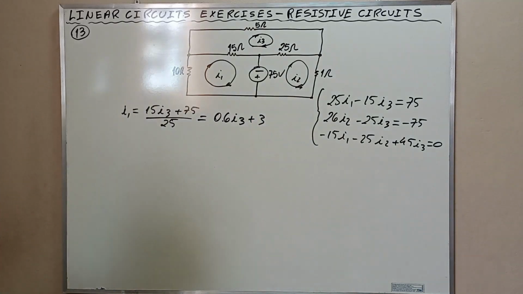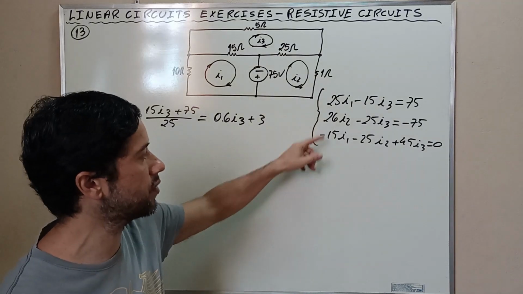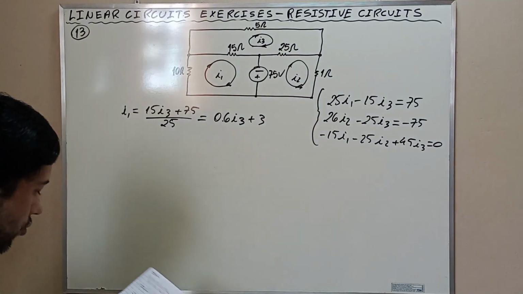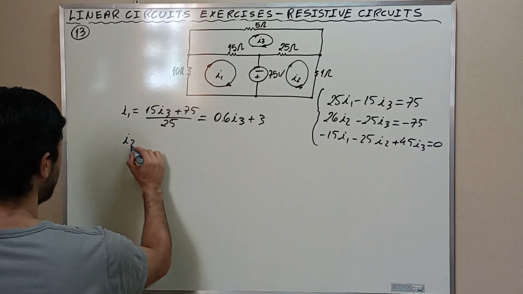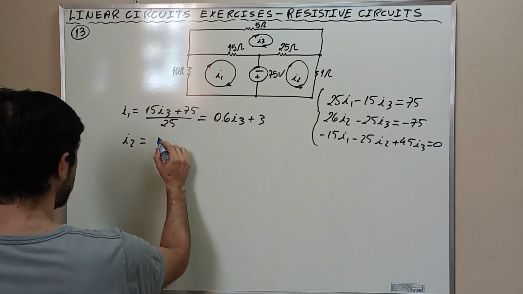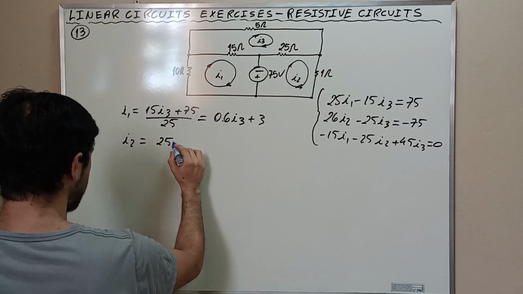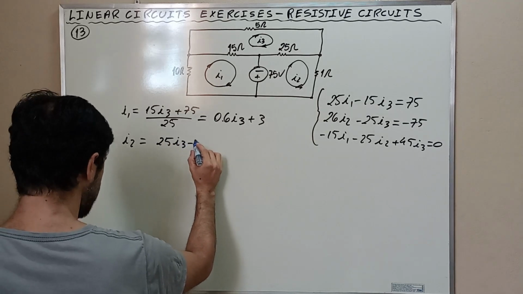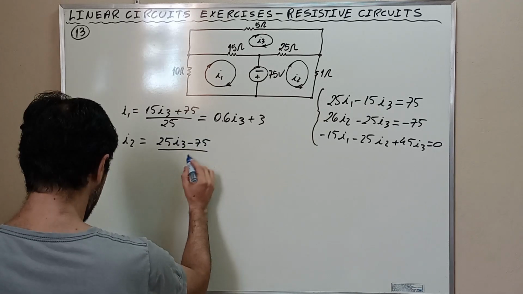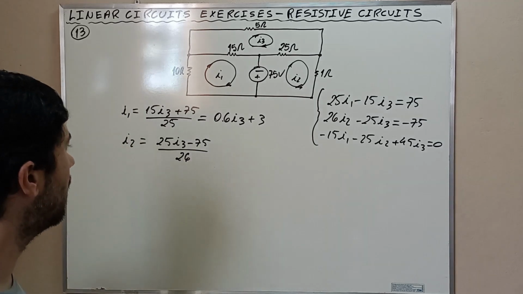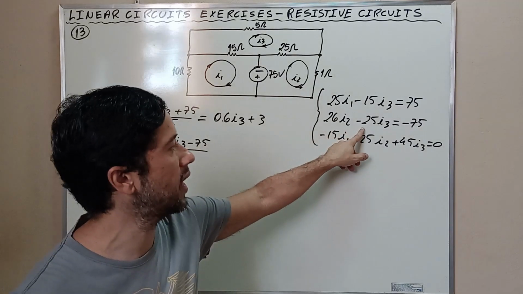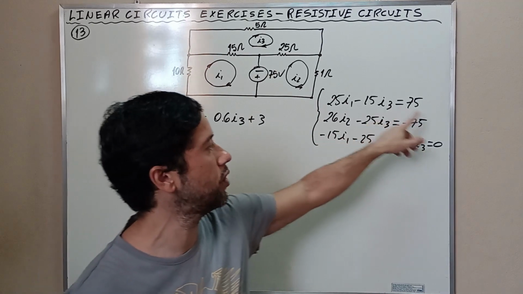Okay, my friends, now we are going to do the same with the second equation. We're going to do this: 26 I2 is going to be equal to 25 times I3 minus 75 divided by 26. What did I do? I passed this negative 25 times I3 to the other side.